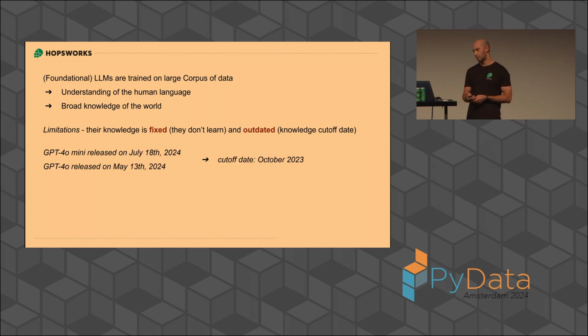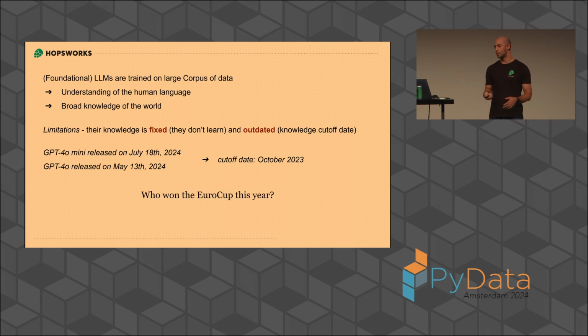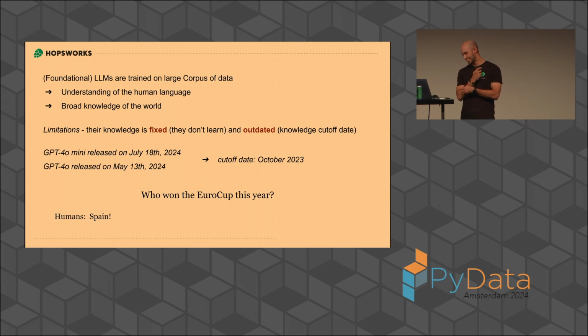So, for example, if you take GPT-4o or the mini version that were released in the past months, they have a cutoff date of October 2023. So basically, if you ask the question, who won the football Euro Cup this year, we all know that it was Spain, and I picked this question not because of my nationality, but it was just a mere fact.